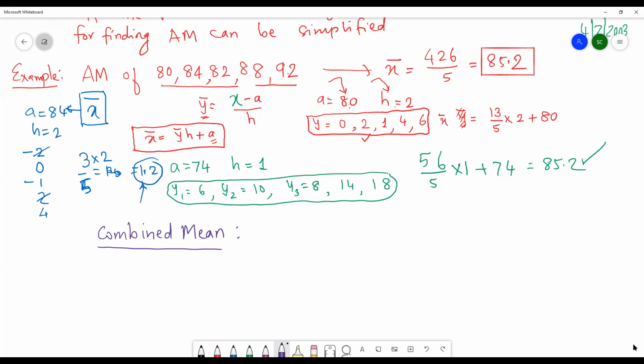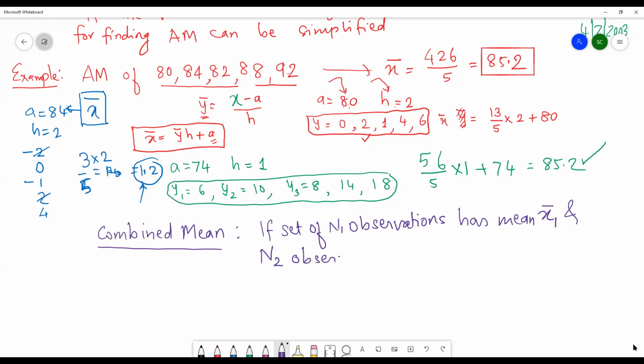If set of n1 observations has mean x1 bar and n2 observations has mean x2 bar, then I mean it is same as that frequency, but it is called combined mean.